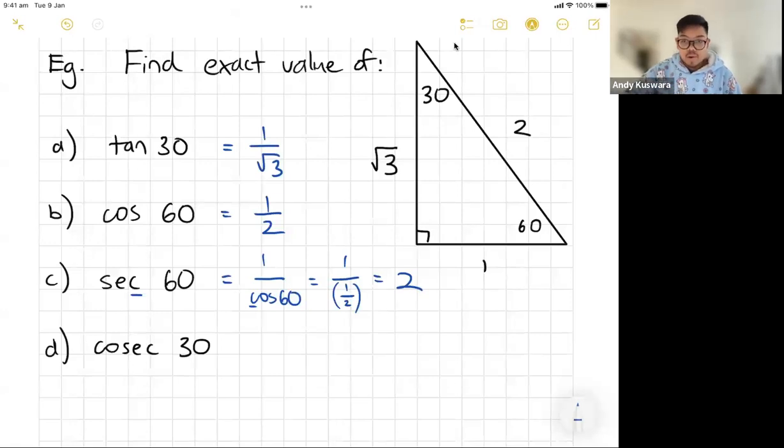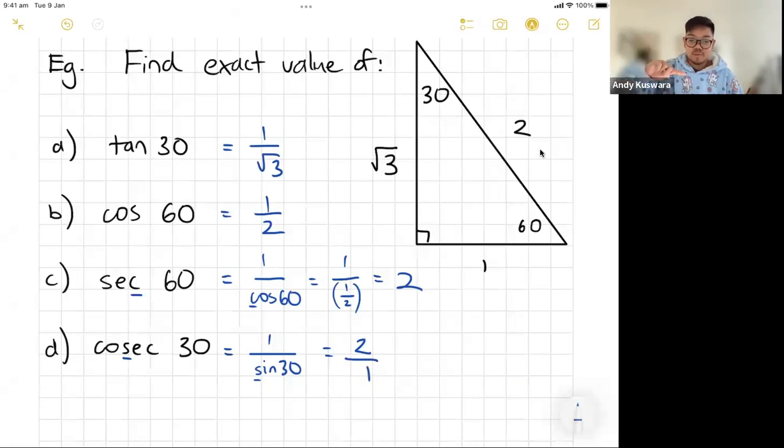Okay. And for cosec 30, it's the same thing. Cosec is the reciprocal of sine. Third letter, S, sine. So again, I'm going to find sine 30. Sine 30 is opposite over hypotenuse, so 1 over 2 would be my regular sine 30. Because I'm taking the reciprocal, I'm going to flip it.